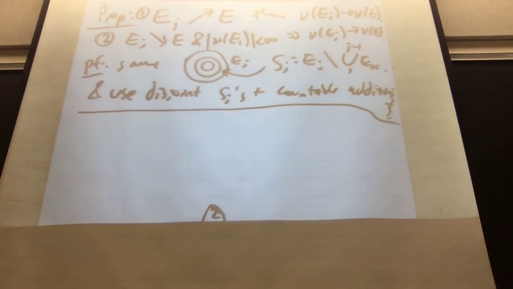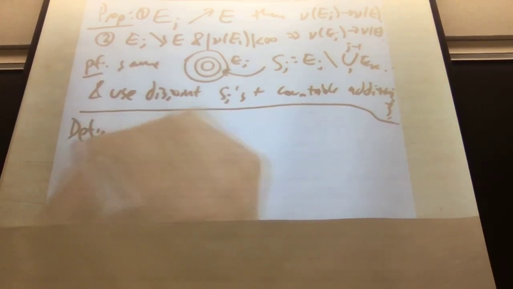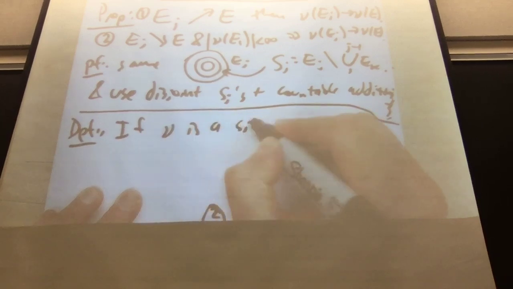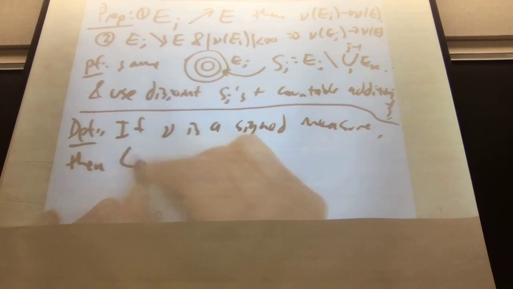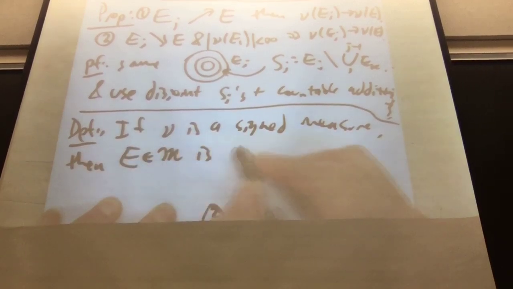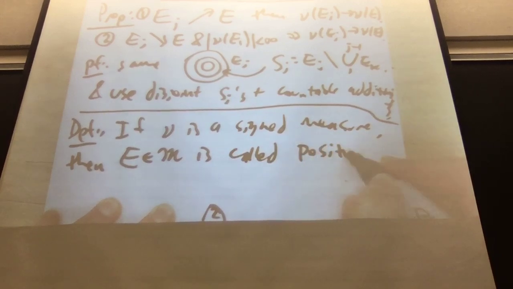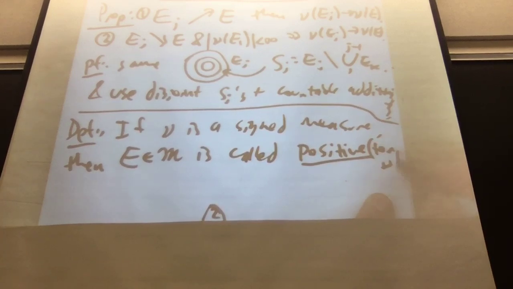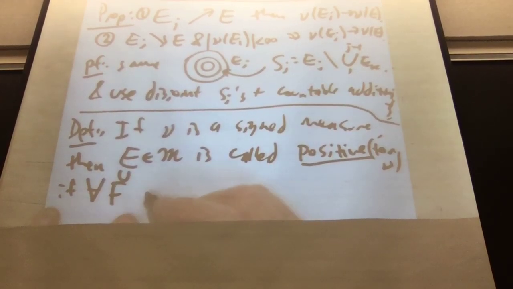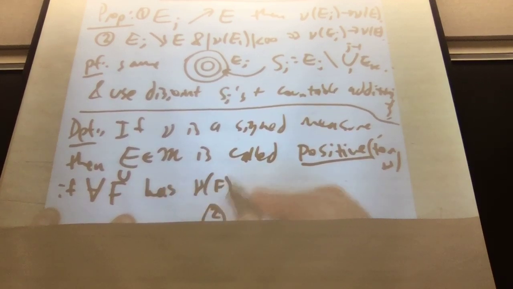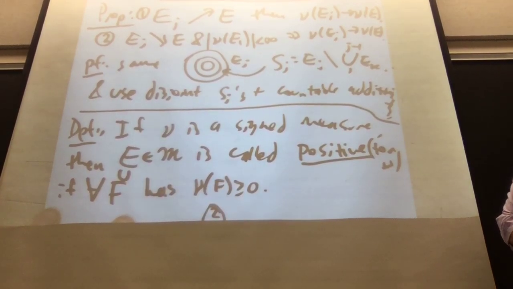Okay, that's the same. Now, if you have a signed, so definition, if nu is a signed measure, then a measurable set E is called positive for nu if every measurable subset of E has non-negative nu measure.